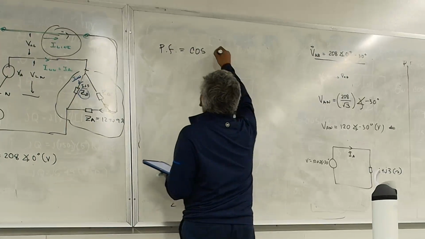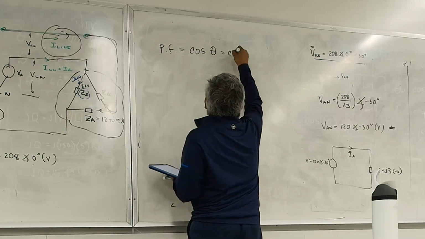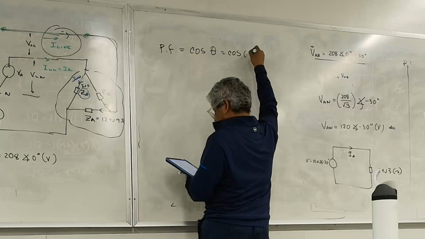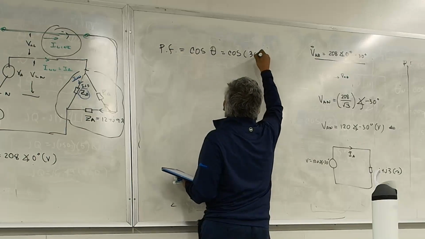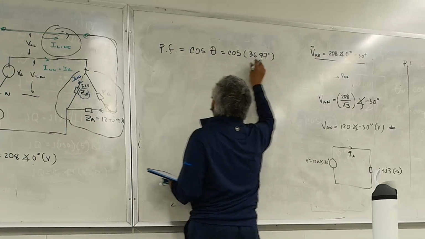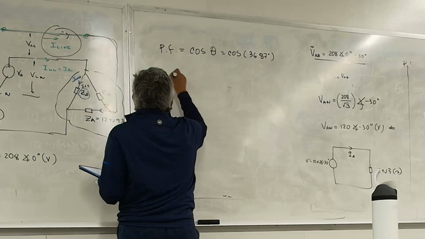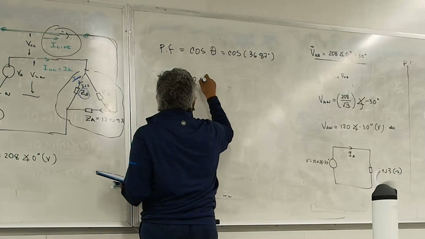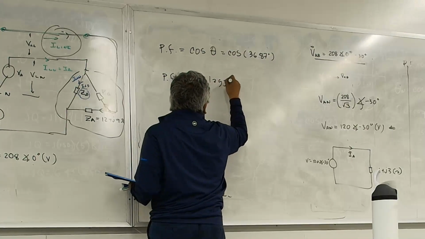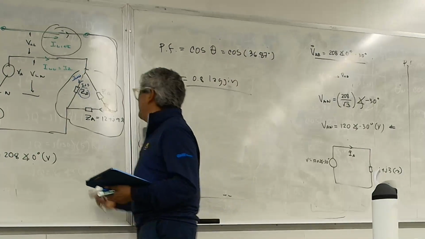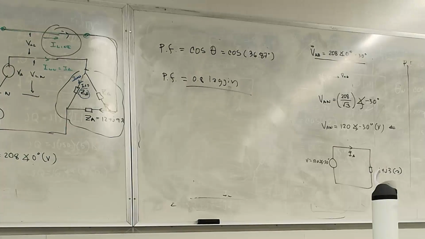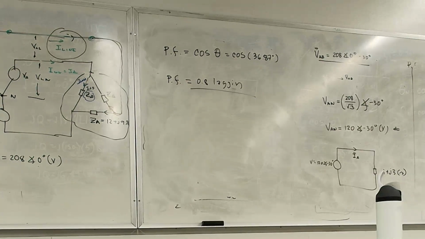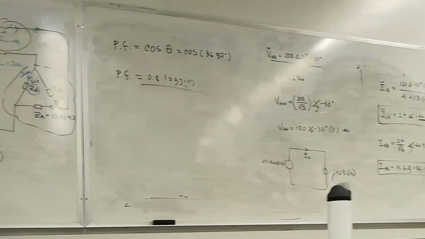So it's the cosine of 36.87. I'm tired, but almost there. Power factor is equal to 0.8 lagging. That's pretty good, a pretty decent power factor. It makes sense, since from the real and reactive power, we're always drawing more real power than reactive power.